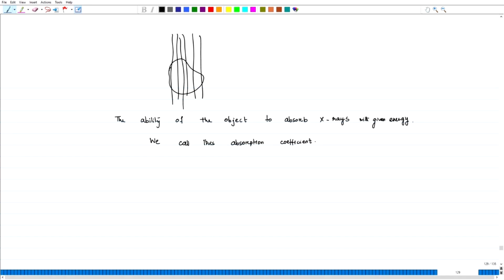In mathematical terms, it is a function which varies from point to point within the object, and usually we take that it vanishes outside it. As we have noticed, the bone absorbs the maximum, which is why we can figure out even with a simple X-ray whether we have a fracture or not.